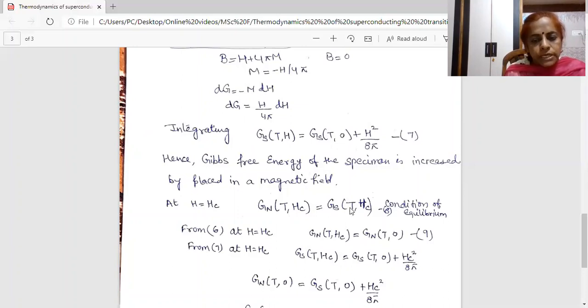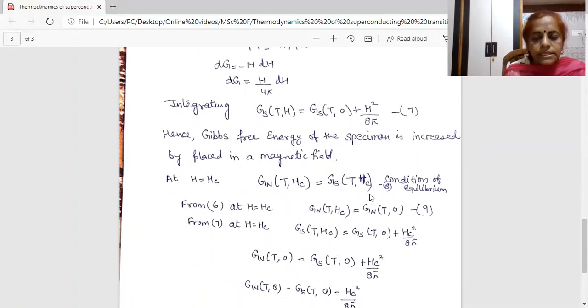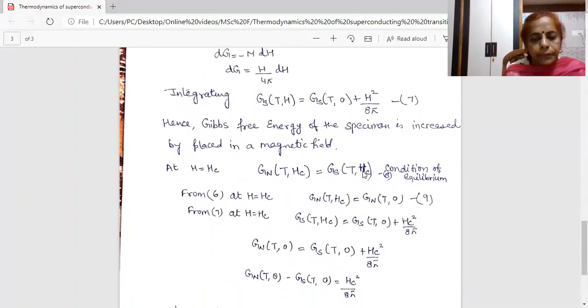This T is kept constant. I am writing it as the Gibbs free energy of the normal state at temperature T and magnetic field Hc. This must be equal to the Gibbs free energy in the superconducting state at that temperature T and field Hc. This is the condition of equilibrium. I have used this equilibrium condition and the ninth expression to rewrite my equation 7.